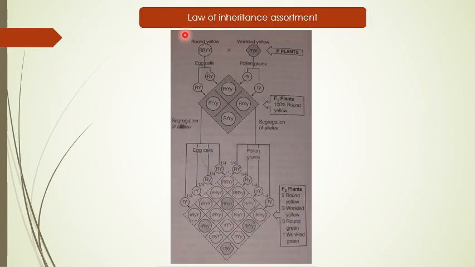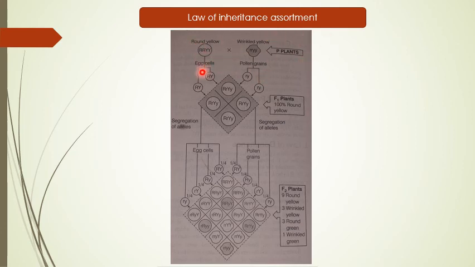The third law is the law of independent assortment. In this process we take a dihybrid cross, in which two plants are taken: a round yellow plant and a wrinkled green plant.